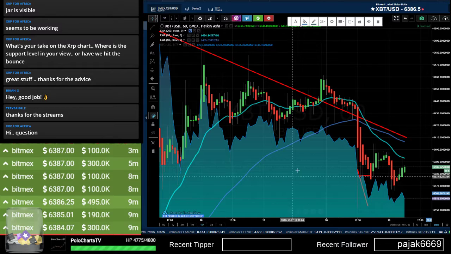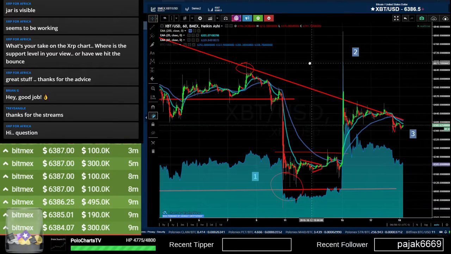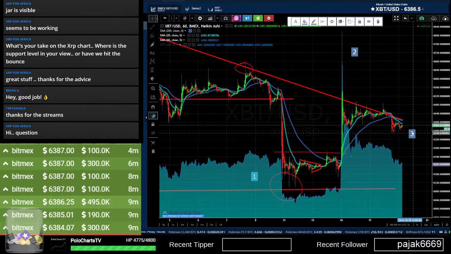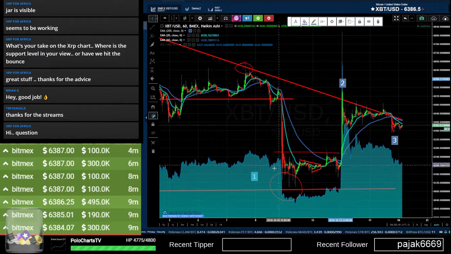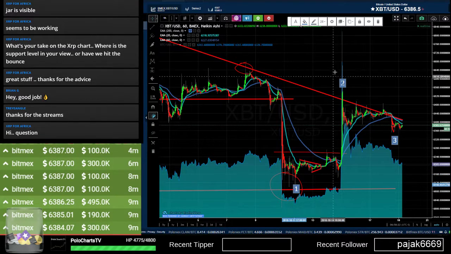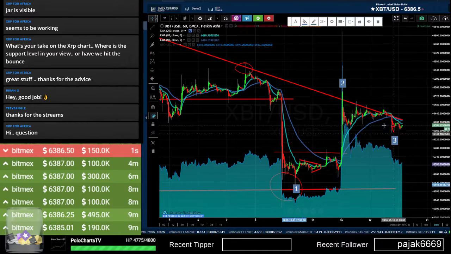If I go to the 1 week view, there's our 1, 2, 3 shaping up. There's our lowest price from the downtrend. It came up and came back down. It has not retested and broken to a new low. So this is our potential number 3 formation right here.